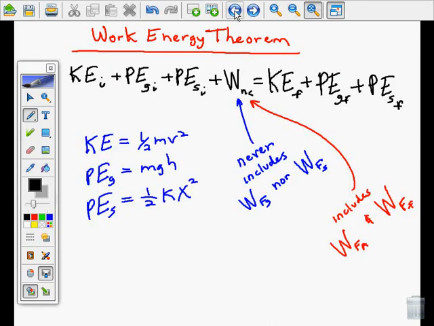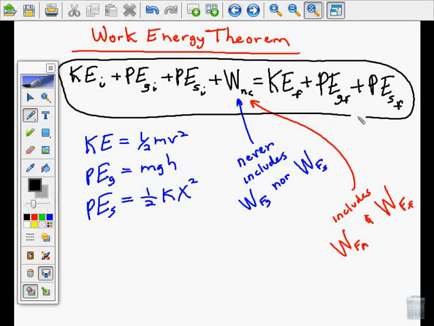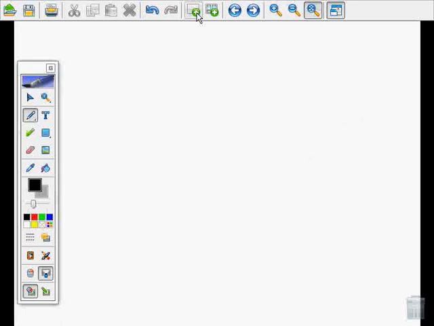It all depends on the problem, but you never usually use every single term in this formula. Usually a majority of them are going to cancel out. So anytime you're dealing with a problem where you can see that there are 2 points, and maybe over here there's altitude, and maybe over here there's a compressed spring, and maybe over here it's moving with a velocity, that shouts out, use that big work energy theorem.